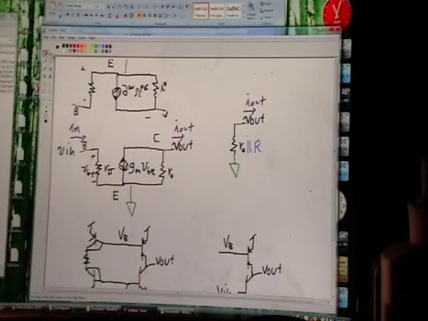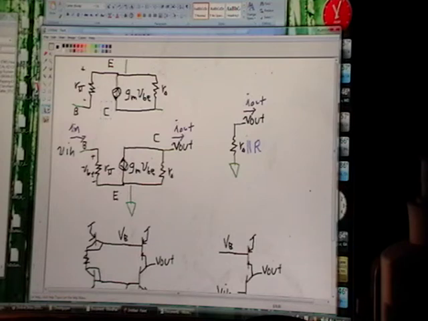Here's your base. Okay, so there's your PNP.